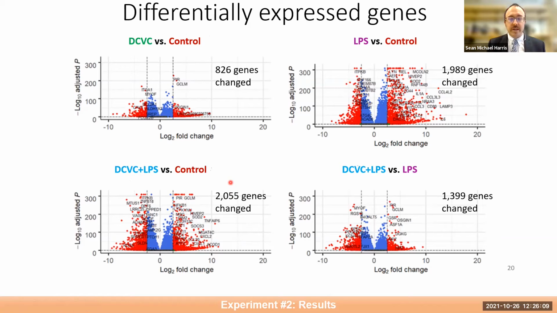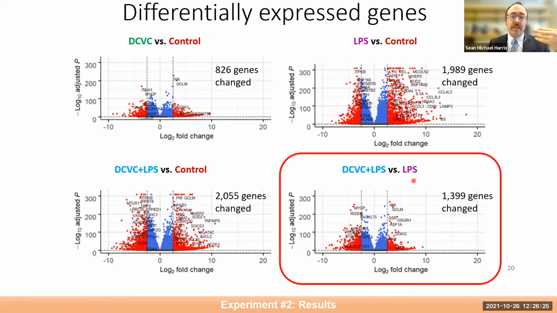However, the focus of our comparison for these purposes was between the DCVC plus lipopolysaccharide versus lipopolysaccharide alone treated groups. And we indeed did see a robust set of gene expression changes there too, with about 1,400 genes significantly changed with the DCVC co-treatment compared to lipopolysaccharide alone.